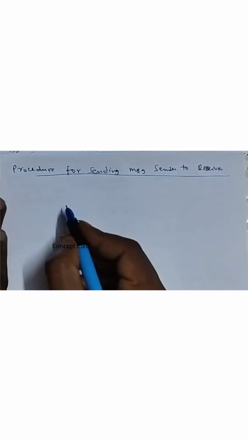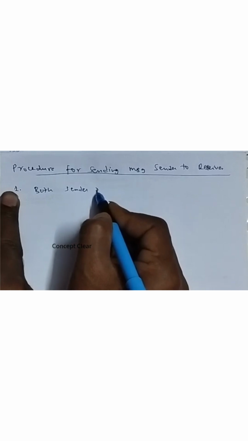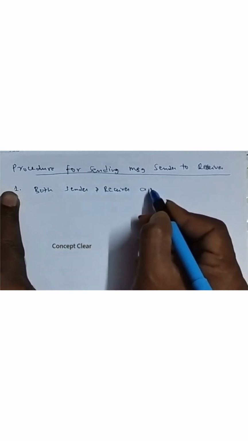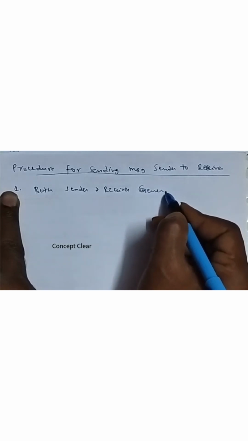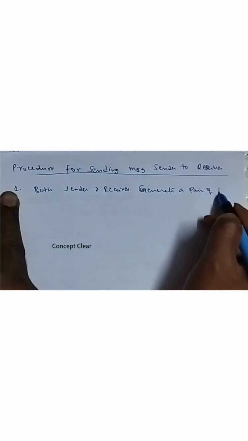Okay, first, both sender and receiver generate a pair of keys. What is the pair of keys?